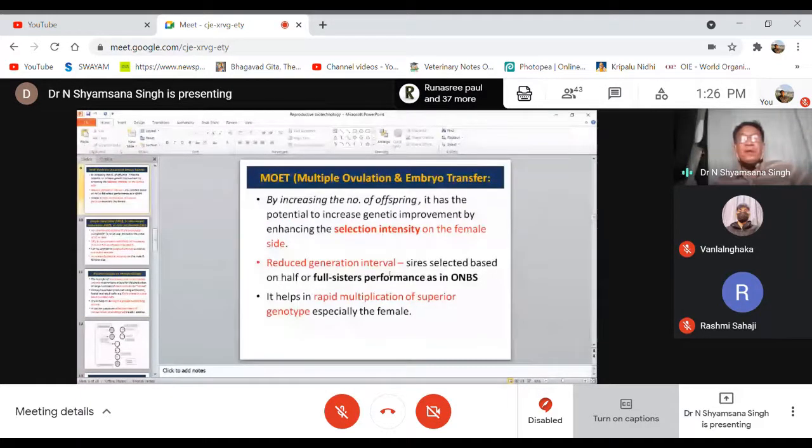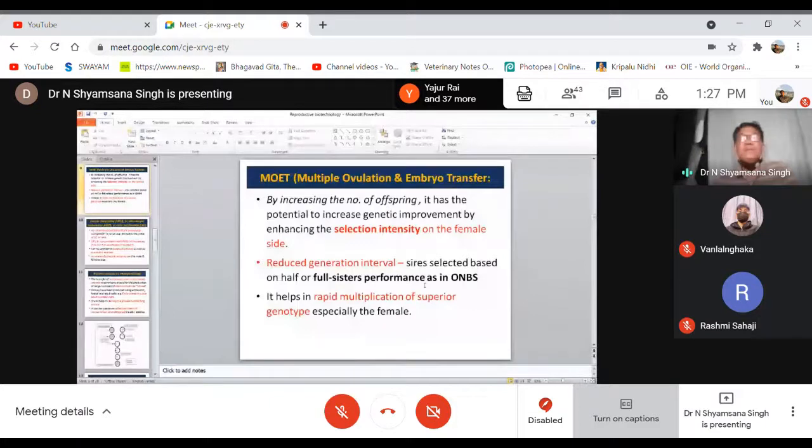The offspring produced are evaluated on the basis of their half or full sisters' performance, just like in the open nucleus breeding scheme. So it helps in reduction of the generation interval, as the time required is reduced. Another merit of this technique is the repeat multiplication of superior phenotype, especially the female.